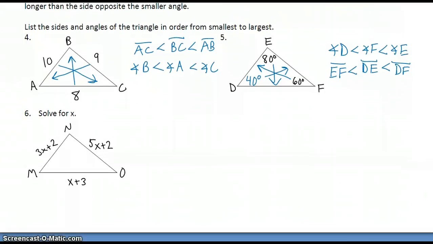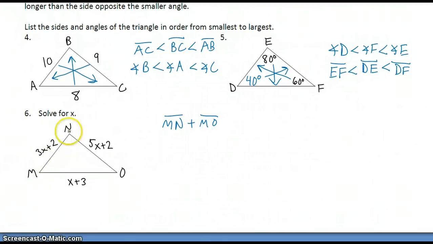If we look at example 6, the triangle inequality theorem says that any two sides of a triangle added together have to be greater than the third side.